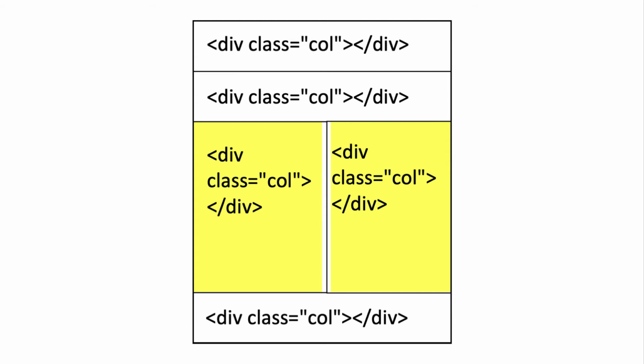So this is a nice, easy way to have equal width columns. You just pop them in side by side, surrounded by a div class equals row. And then for the footer, because it's the full width, we just go div class equals col there as well.